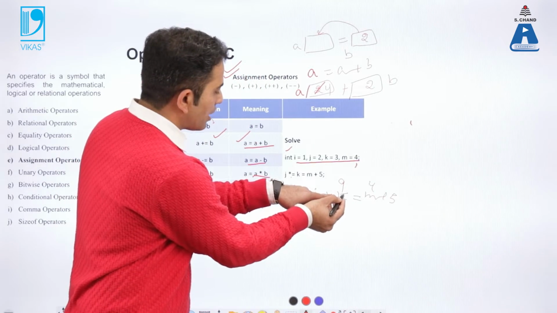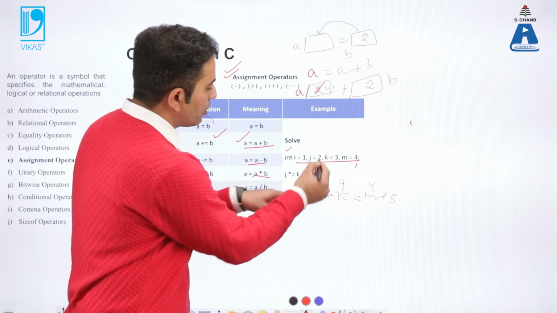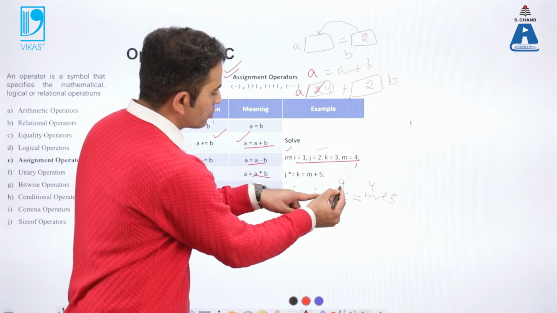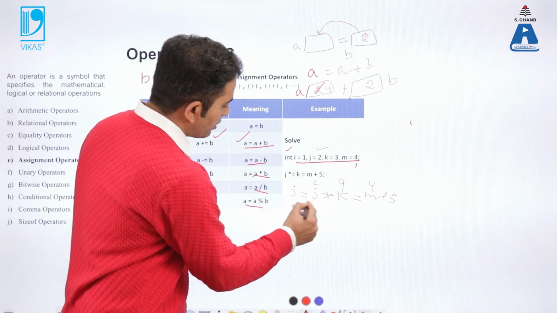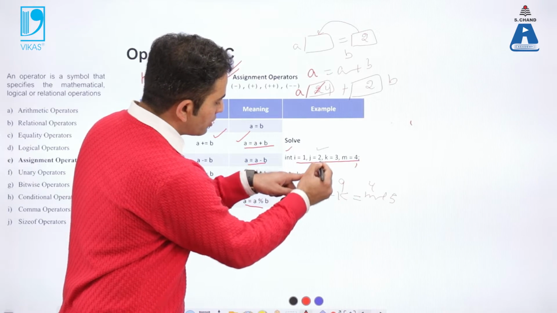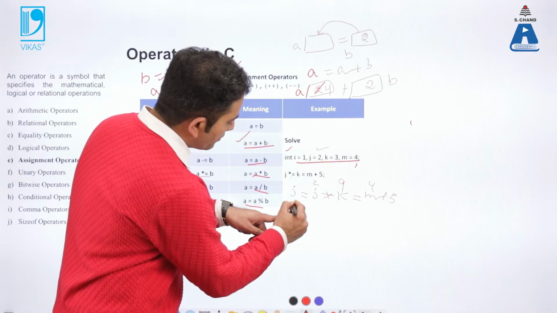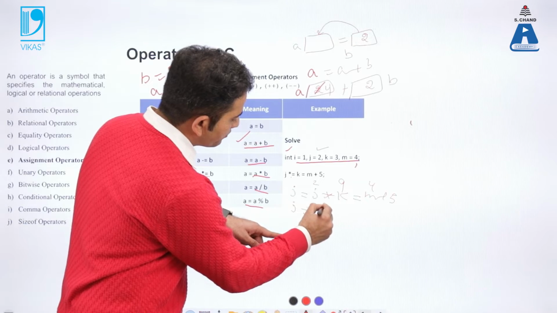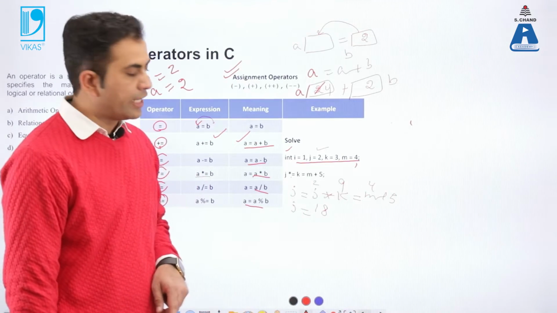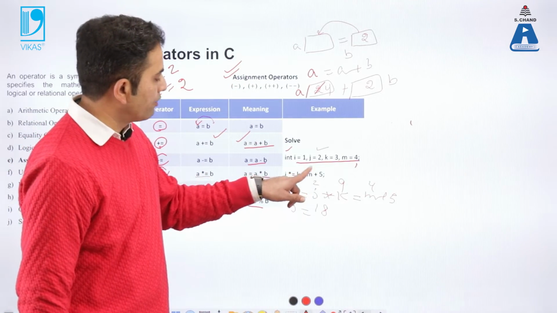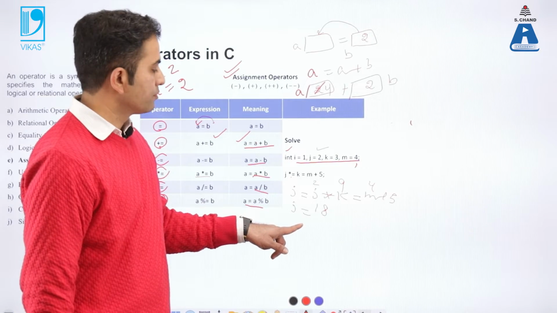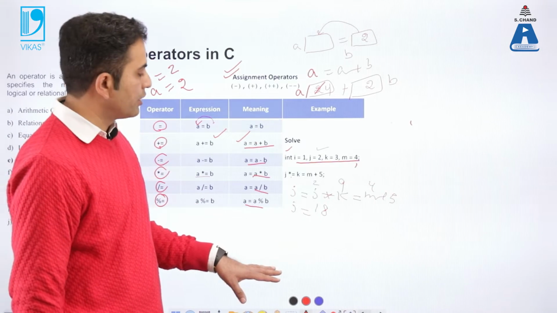Now this 9 will be multiplied with the value of j, that is 2. So 9 multiplied by 2 is 18, and the value of j becomes 18. So when you print the value of j, instead of 2 it will print 18. I hope this expression is very clear to you.